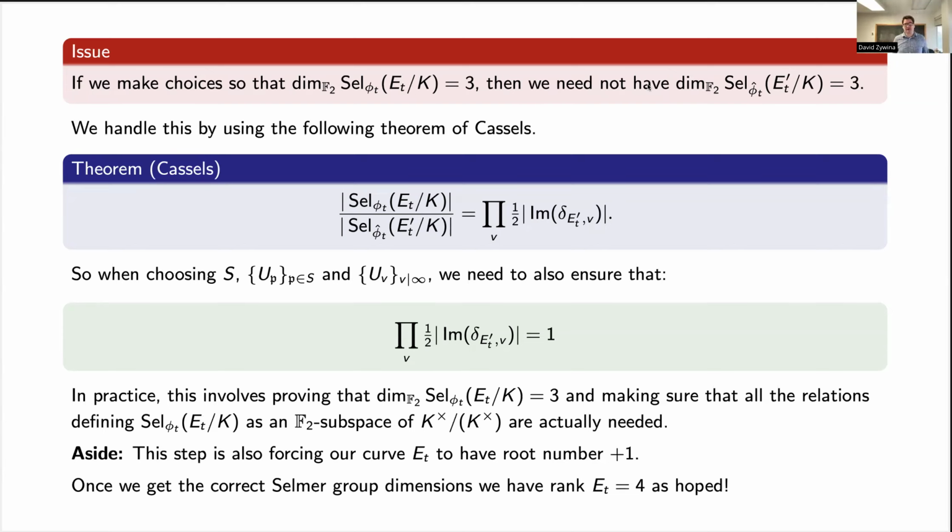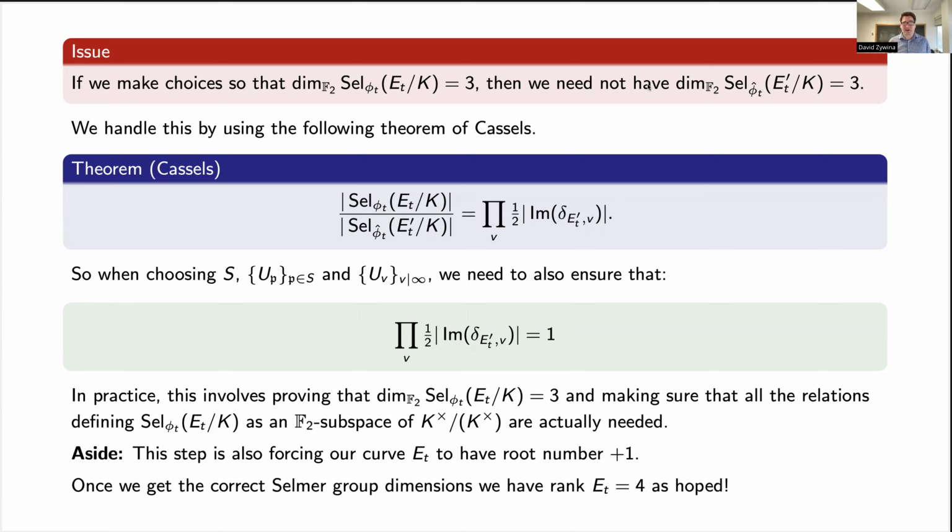I look at the quotient of their cardinalities. It's the product over all places of K of the cardinality of the local condition I imposed at v, divided by a half. For good primes away from 2, that term in the product is 1. So it is a finite product.